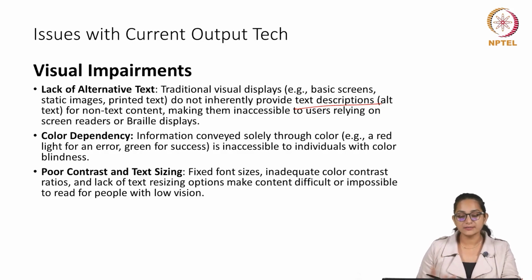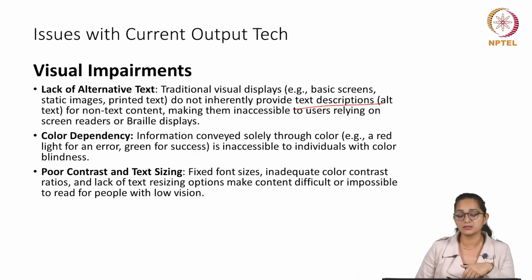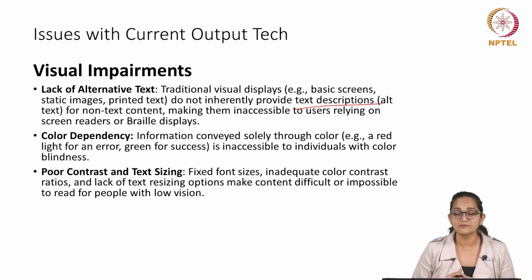Poor contrast or text sizing, so fixed font sizes, where the users do not have the liberty to enlarge or minimize the size, or inadequate color contrast ratios, or lack of text resizing options make the text difficult or impossible to read for people with low vision or color blindness, or light perception. Light perception is also a condition which comes under visual impairment. That also, where the contrasts can be changed in order to make the text a little bit more visible.